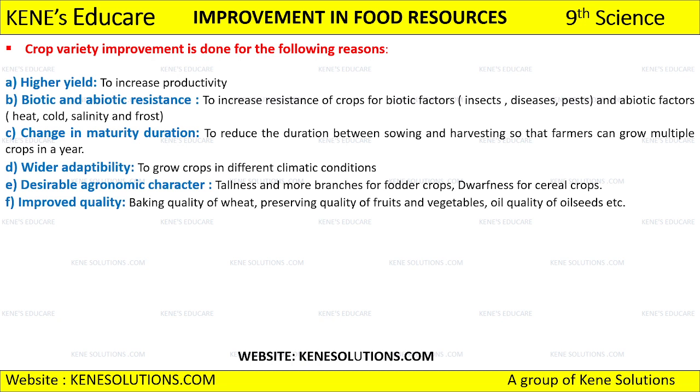Then after that we have wider adaptability. The agricultural land should be adaptable to different types of crops which are grown in different climatic conditions. Then we have desirable agronomic characters as well, which are also very important.